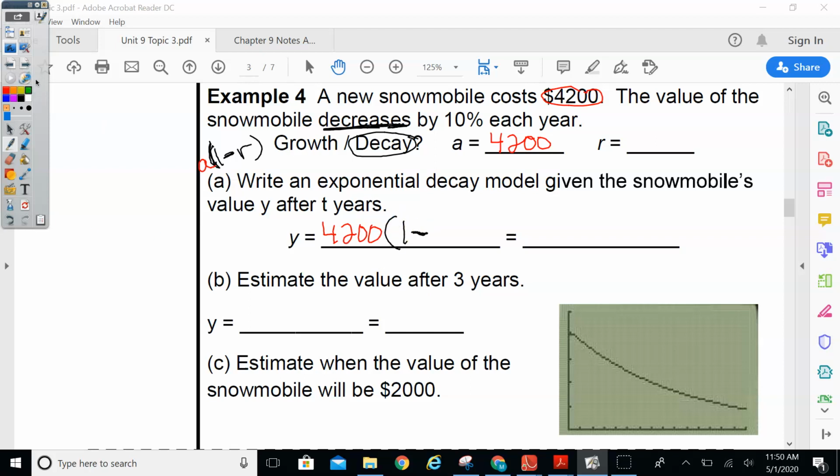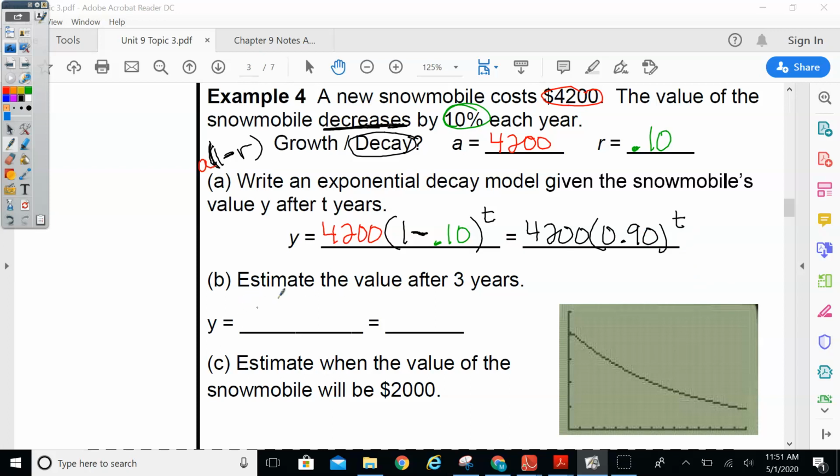So r is 10%. 10% as a decimal would be 0.10. So we're going to subtract 0.10 and leave it to the t power. So 1 minus 0.10 is 0.9 to the t.